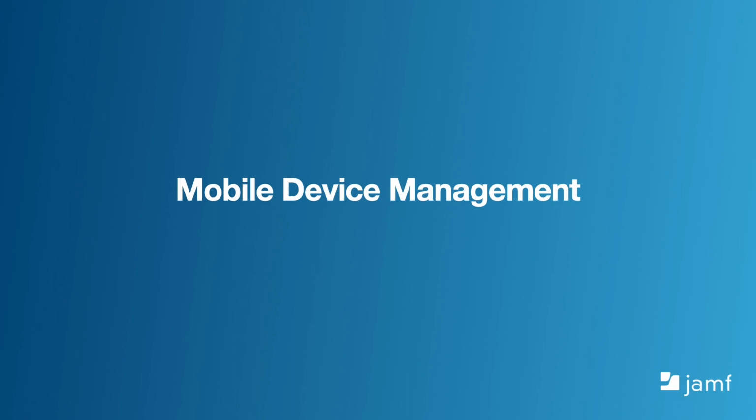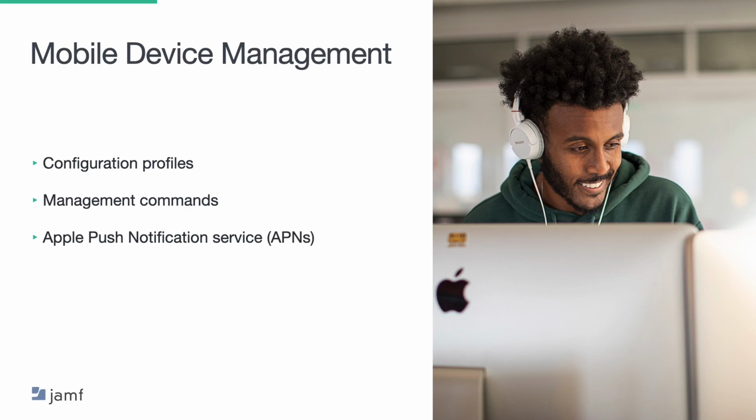So let's talk about mobile device management, also known as MDM. Apple devices can understand and apply settings like passcode restrictions to devices thanks to the built-in MDM framework. Essentially, MDM means providing a way for you to have admin rights for devices used for work. The two main components are configuration profiles and management commands.